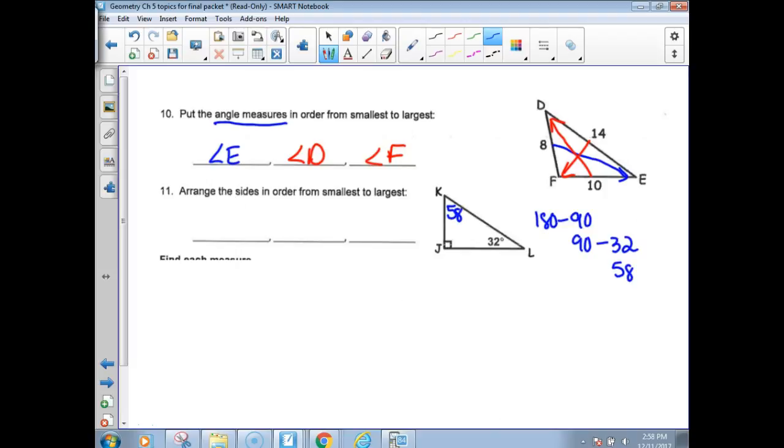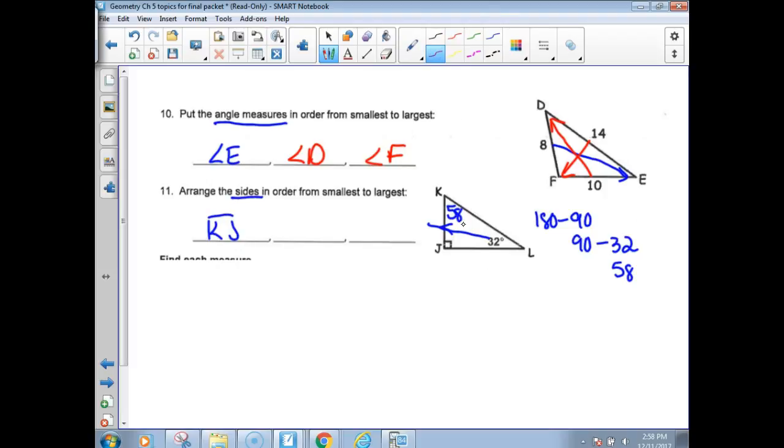It says to arrange the sides in order from smallest to largest, so I look for the littlest angle. The littlest angle is 32. The side opposite that angle is side JK or KJ, and that is the smallest side.